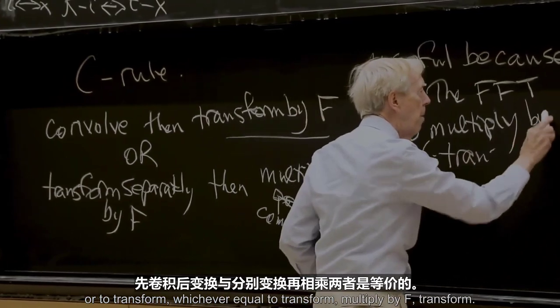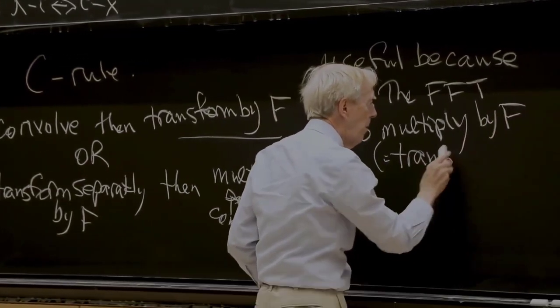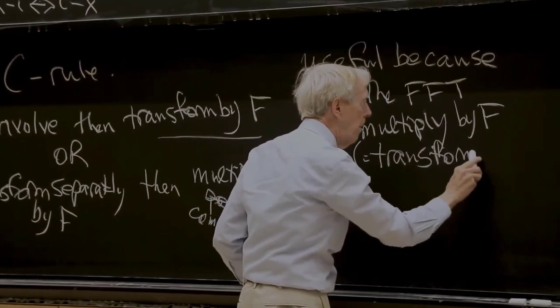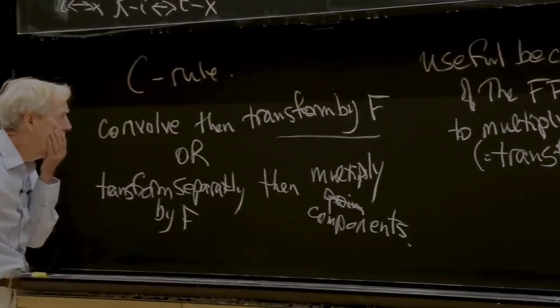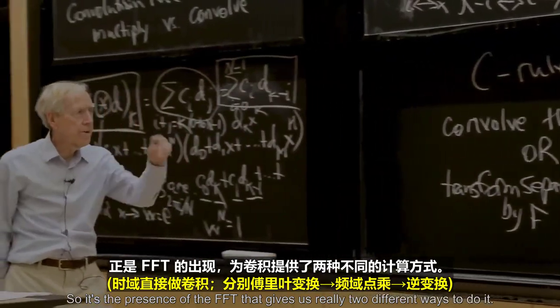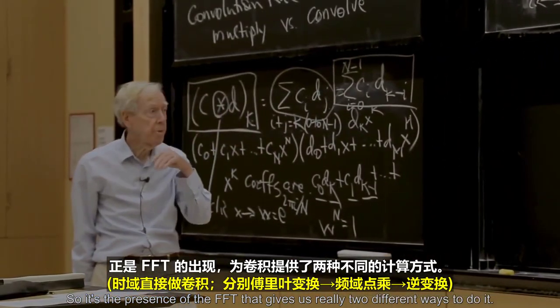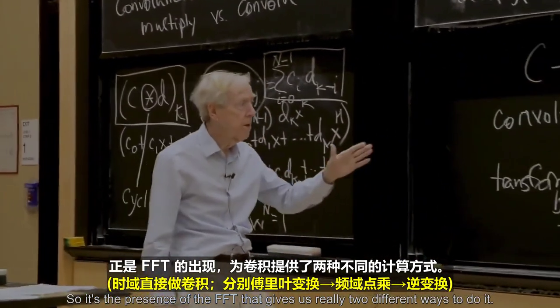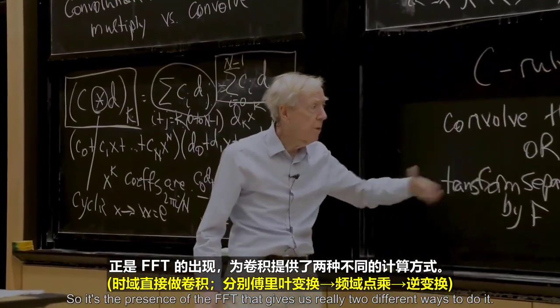Multiply by F. Transform. So it's the presence of the FFT that gives us really two different ways to do it.